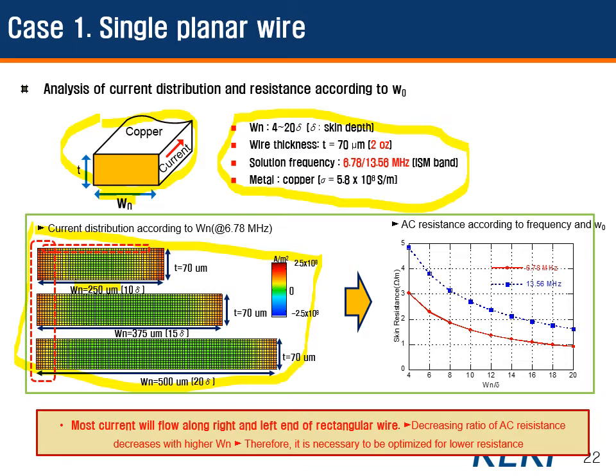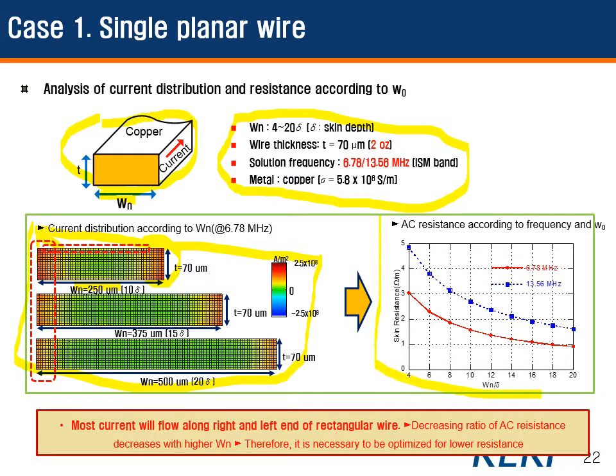The frequency is 6.78 megahertz. From the calculation, most current flows along the left and right ends. Also, current flows along the upper and lower lines of the wires.